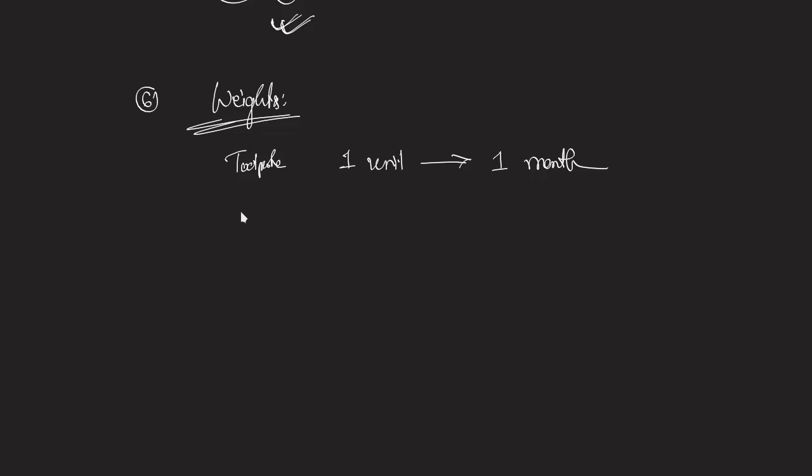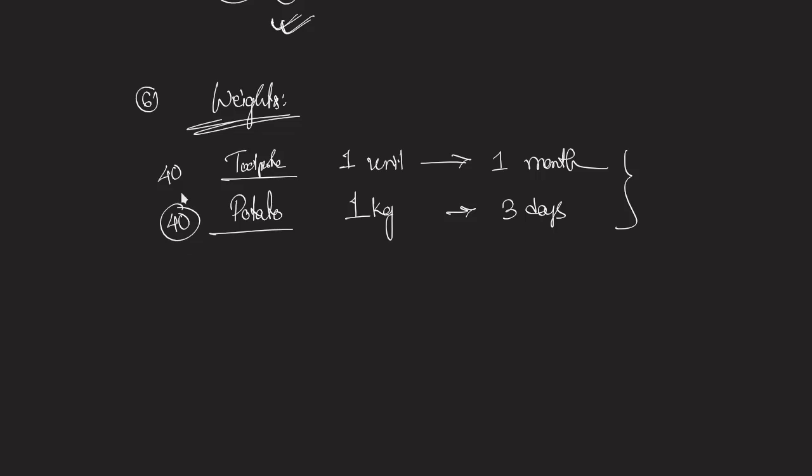But similarly, let's say potato, 1 kg will last you, let's say, 3 days. So that's the difference. Monthly expenditure on, let's say, toothpaste or potato, price exactly the same, both cost 40 rupees, right?